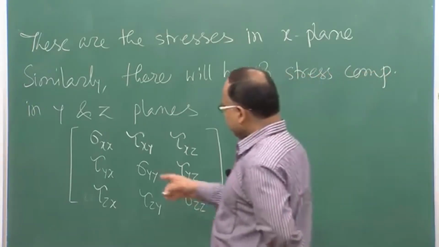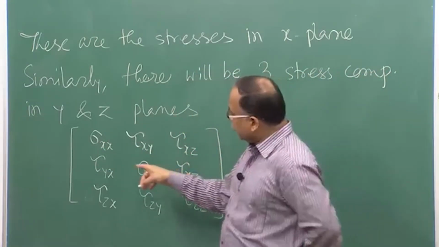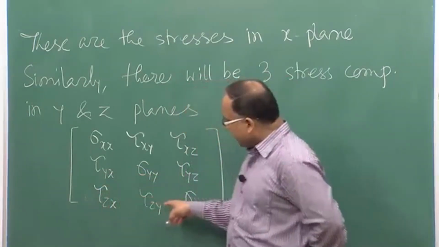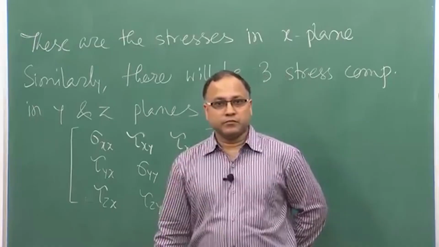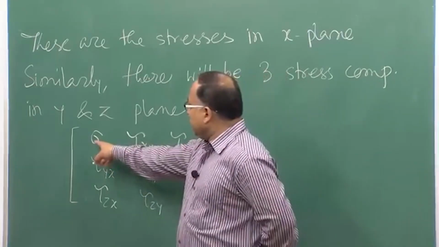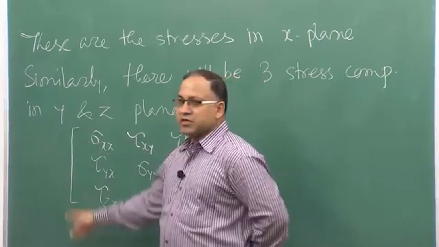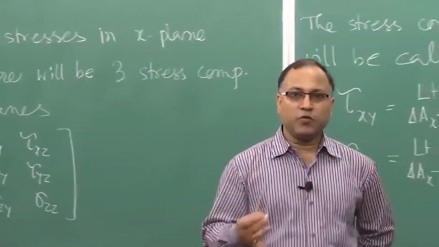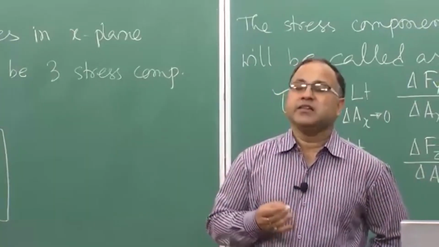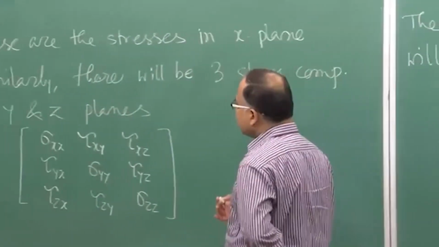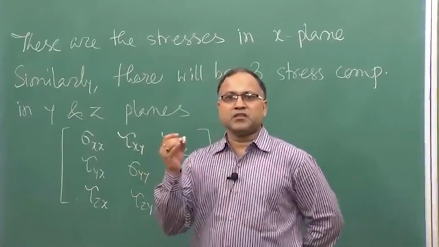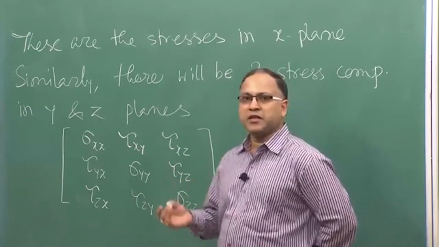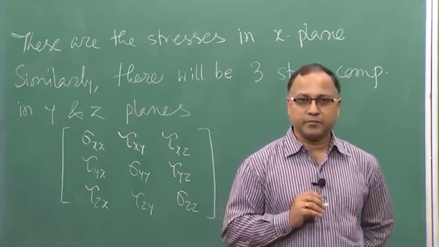The first row is defining the x plane, the second row is defining the y plane, and the third row is defining the z plane, right. So, the components of the first row define the stress components on the x plane. Similarly, the second row defines the stress components on the y plane, and likewise the third row defines the stress components on the z plane.